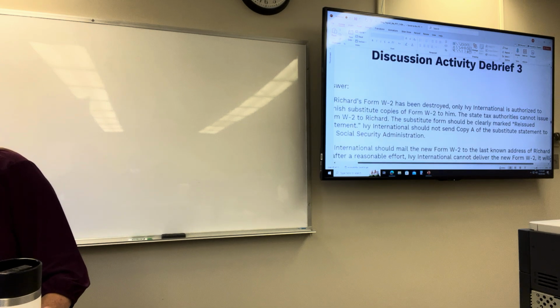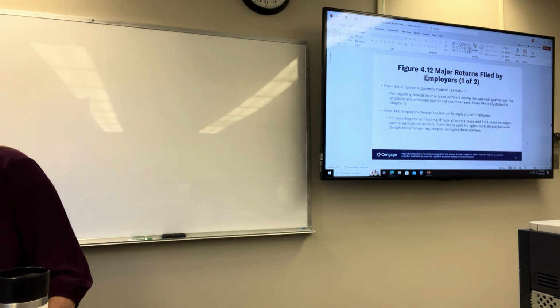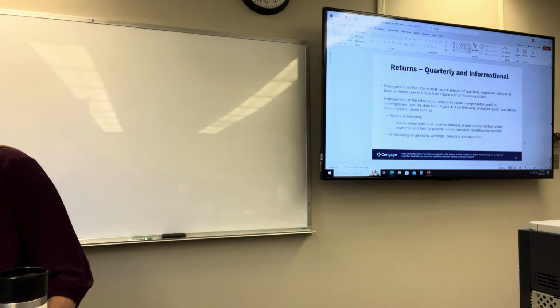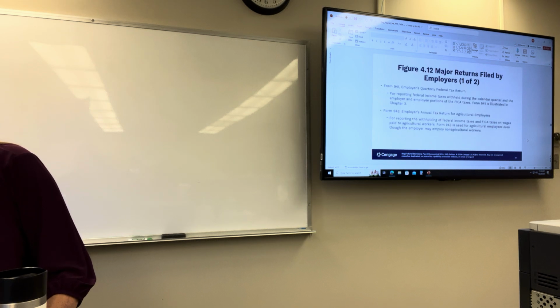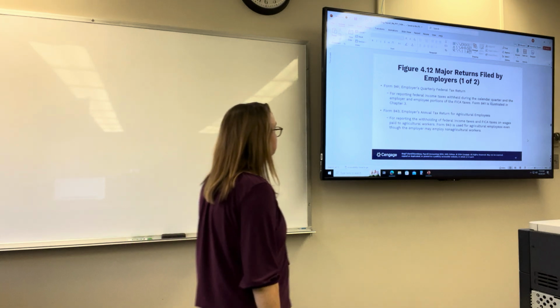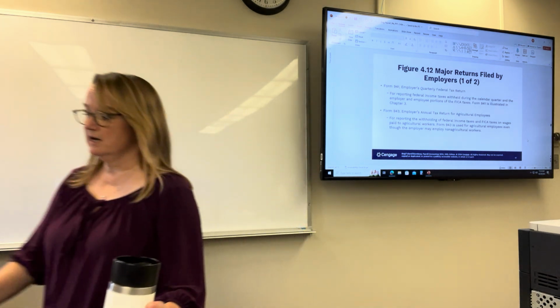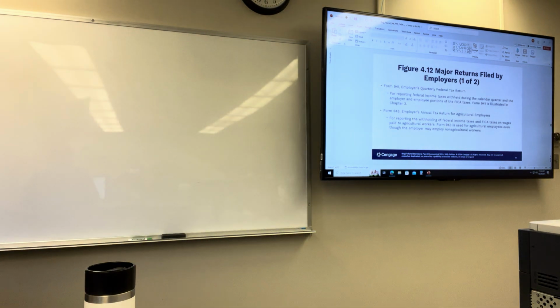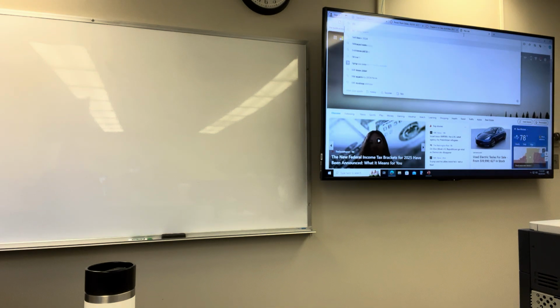Let's see. So other types of information returns, what do we want to talk about here? The 941, of course, we've already talked about that. That's the employer's quarterly federal tax return. You should recall the information when you were working with that 941.